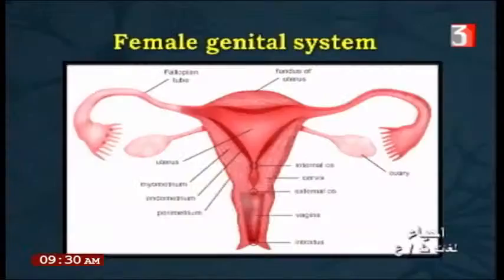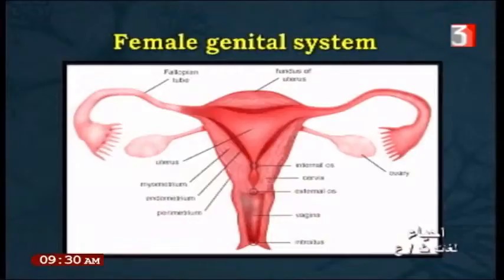The female genital system, or the female reproductive organ, consists of two ovaries, two fallopian tubes, as shown in the figure, the uterus and the vagina.